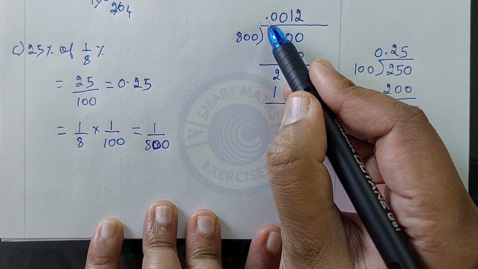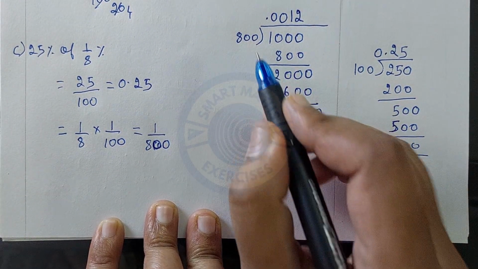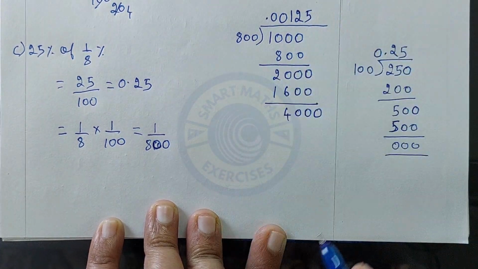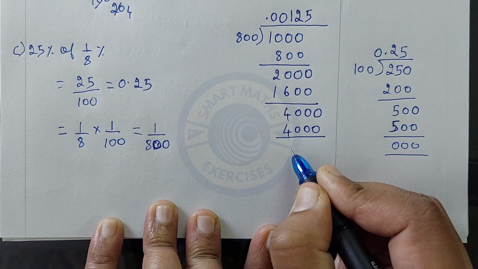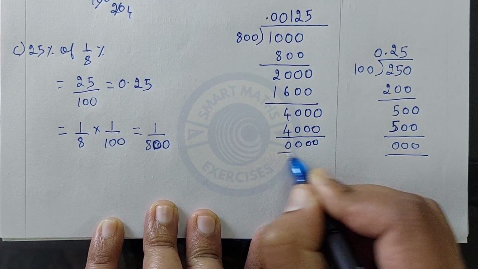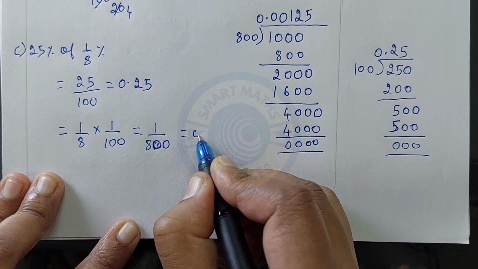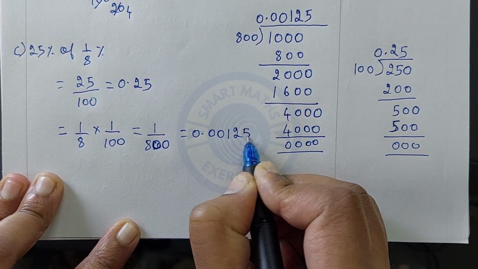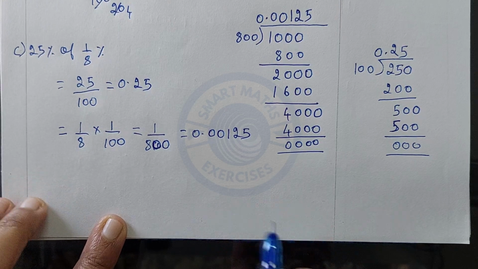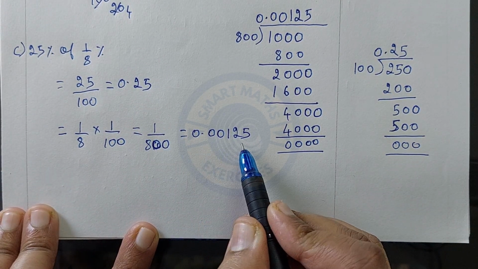Since we already have a decimal point here, we add a 0 here. 800 fives are 4000. 4000 minus 4000 is 0. So answer is 0.00125. Now multiply 0.25 and 0.00125.